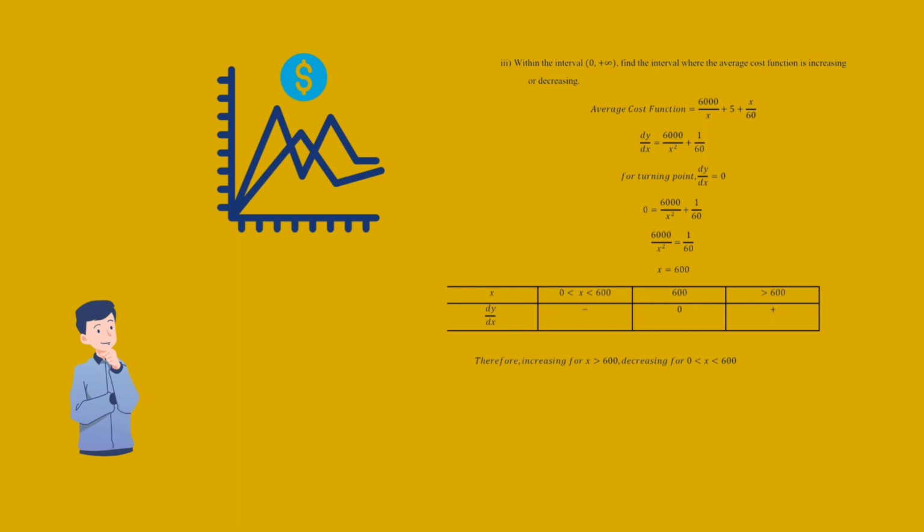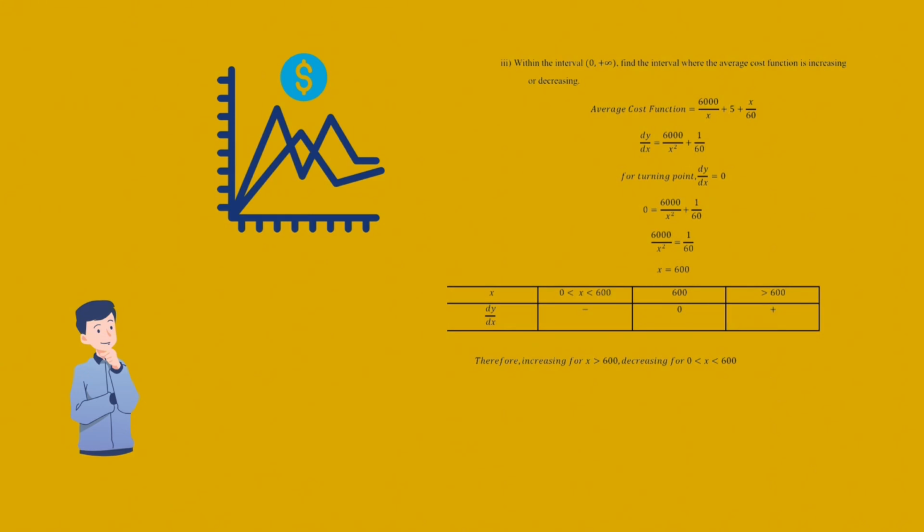How did we get 600? 6,000 times 60, and then we change from power of 2 to the square root of 360,000. We get 600.